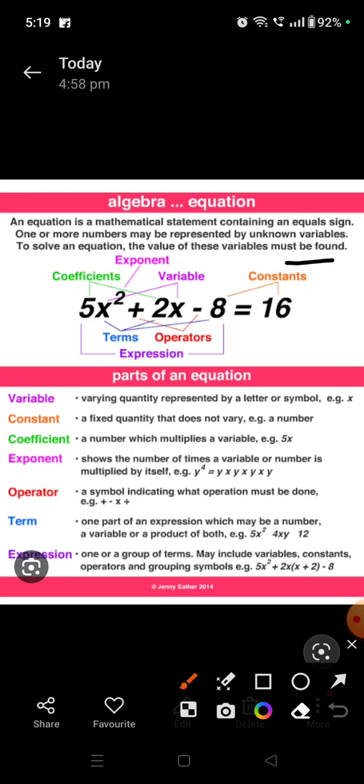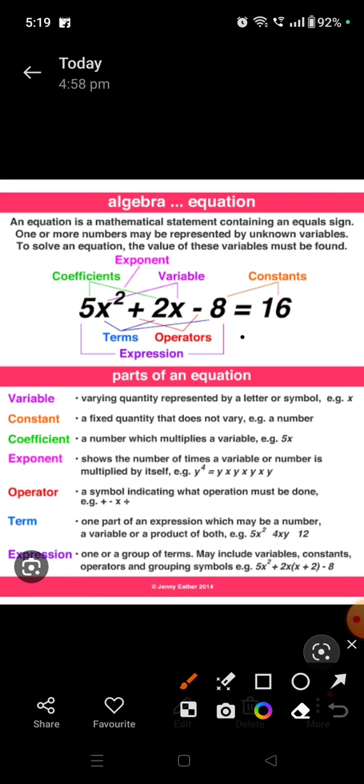So we have to find the value of these variables. We always have to find x in every equation. So for finding x, for doing equation problems, first we know what the components are.